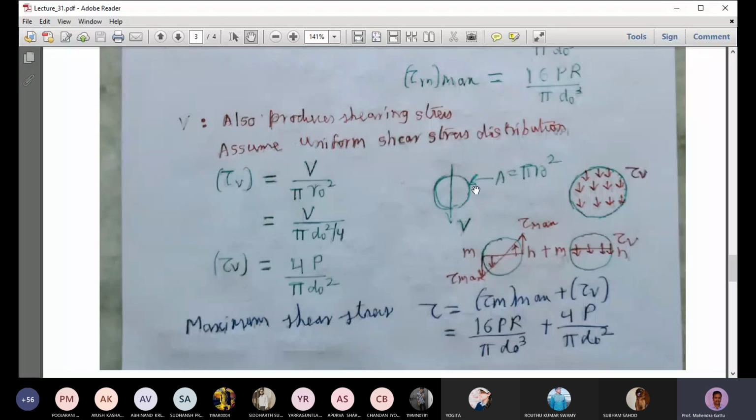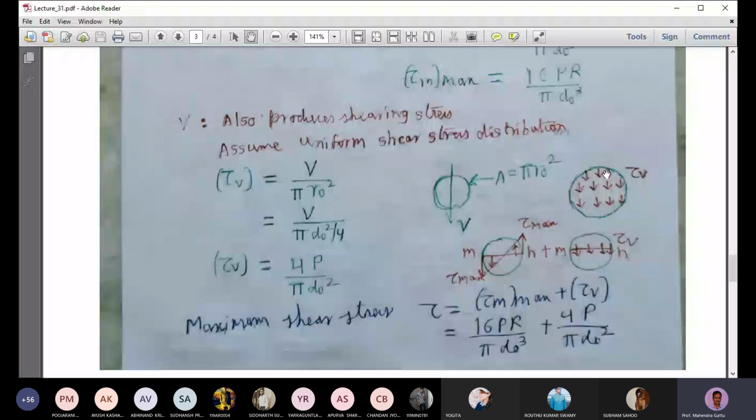As a result, we can take the shear stress to be uniform throughout this cross section, equal to tau average. So tau average is V by A, where A is pi r naught square, so it will be 4V by pi d naught square. Since V is equal to P, we have 4P by pi d naught square.